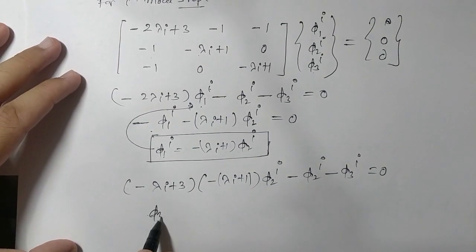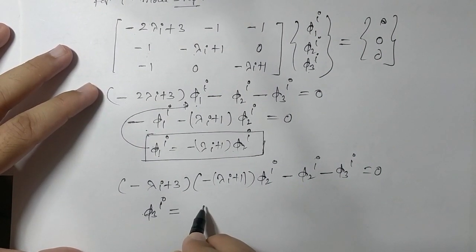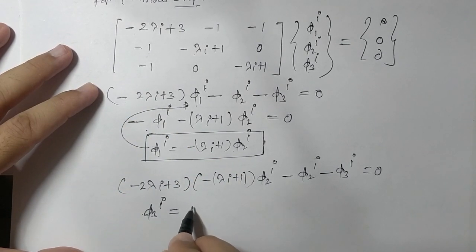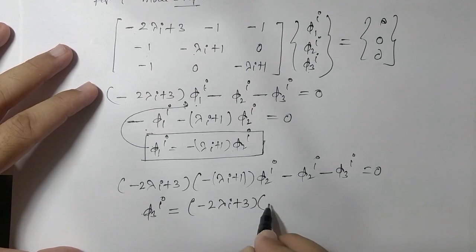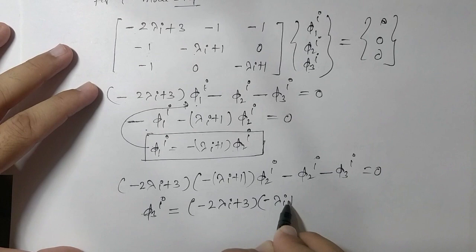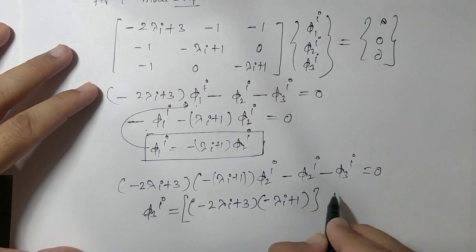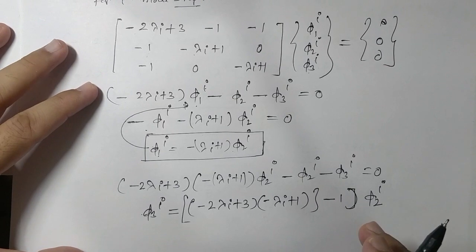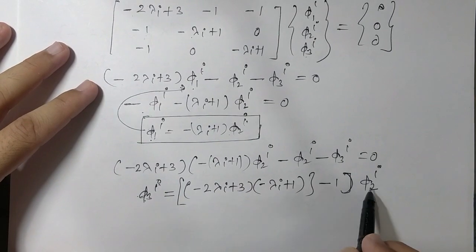Phi 3i can be written as minus 2 lambda i plus 3 multiplied by minus lambda i plus 1, minus 1, multiplied by phi 2i. So now we have phi 1i in the form of phi 2i and phi 3i in the form of phi 2i.